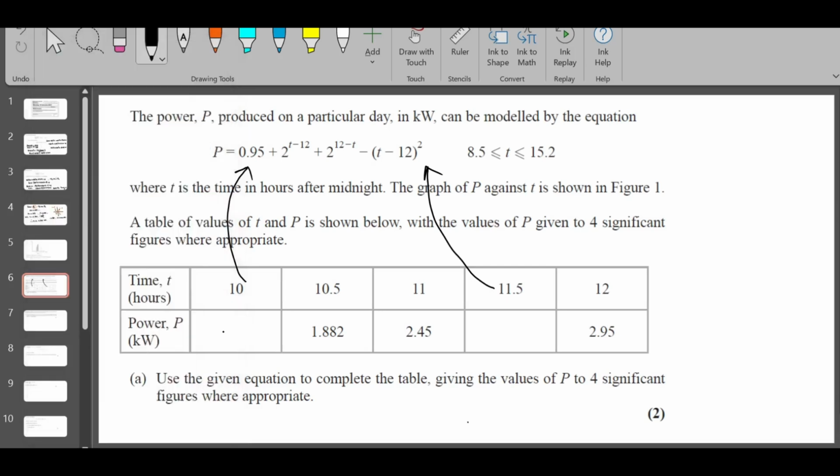You get 1.2. So you can write T is equal to 10, so P is equal to 1.2.